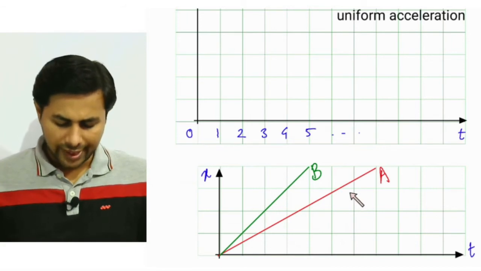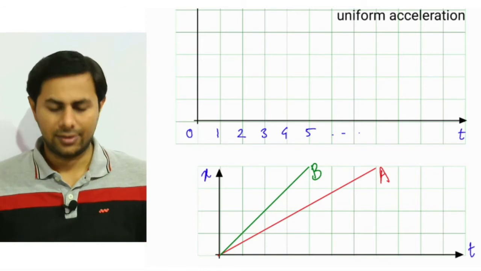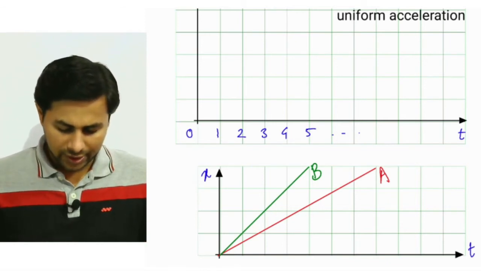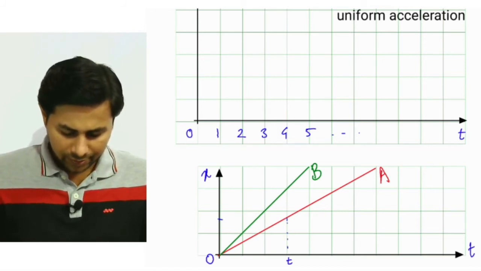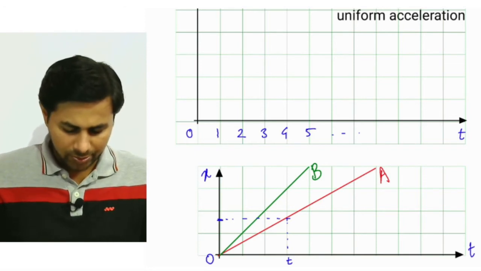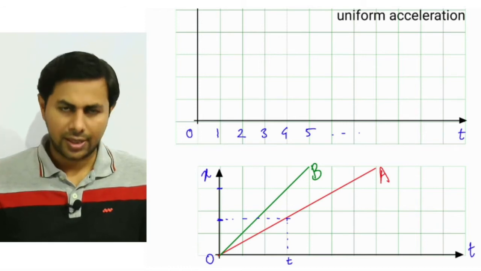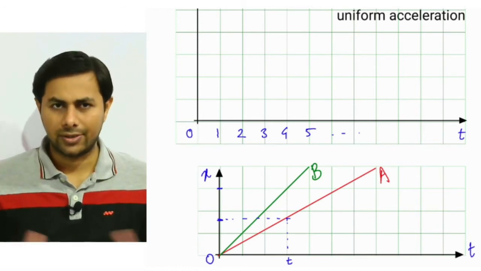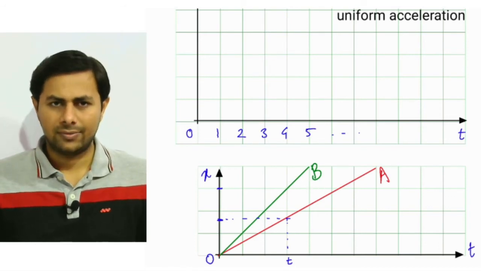Looking at these graphs, we can easily figure out that B is moving faster than A, because if we consider some time interval, let's say from 0 to this point, then object A has moved to this position, but object B has moved to this position, and both started at the same point. So B is definitely moving faster than A.